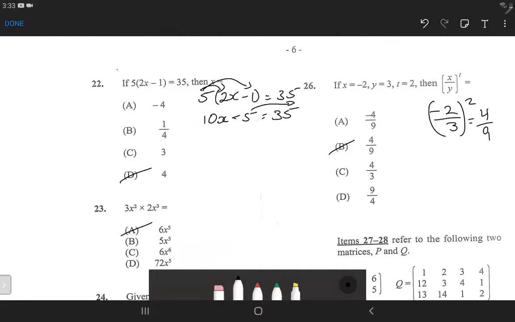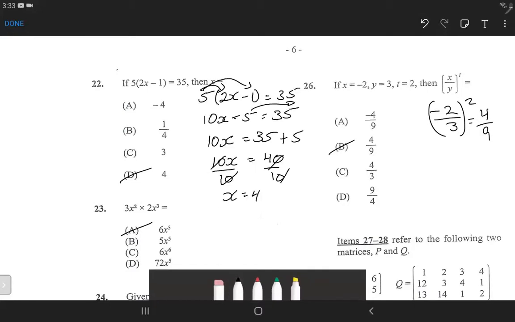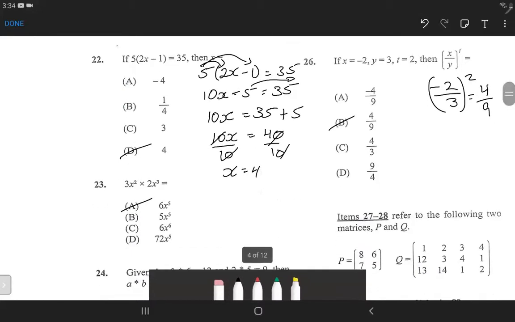Carry across the 5. We have 10x is equal to 35 plus 5, because it would have been negative here. So that's 10x is equal to 40. Divide both sides by 10. x is equal to 4. So we'll use that one.